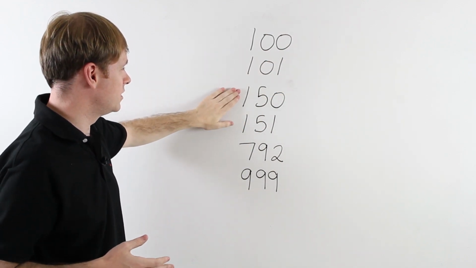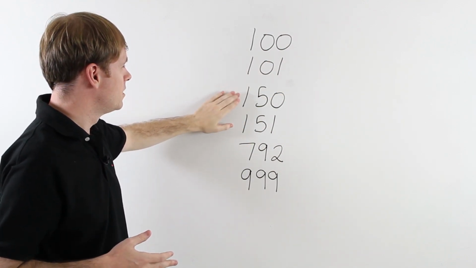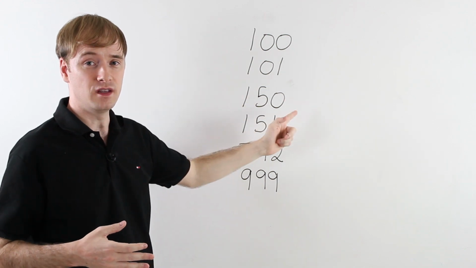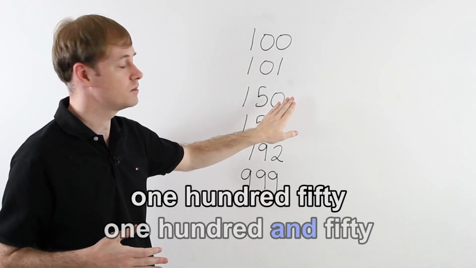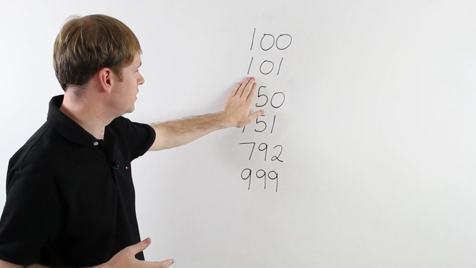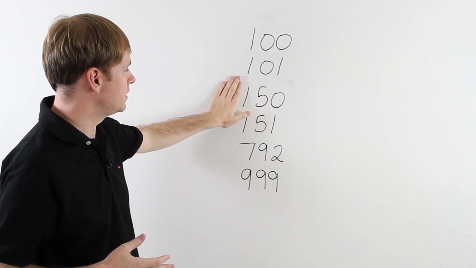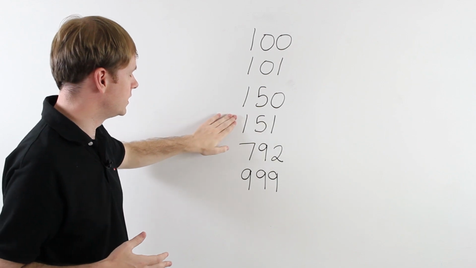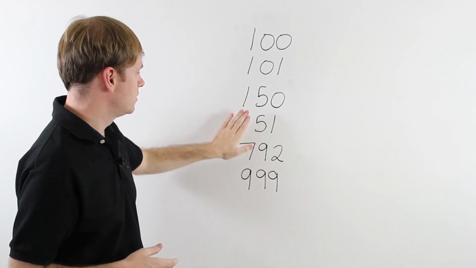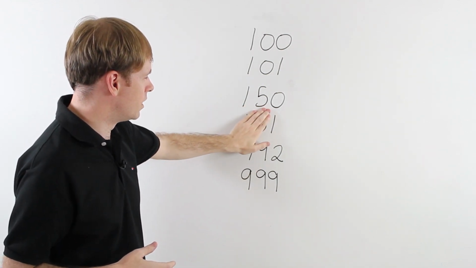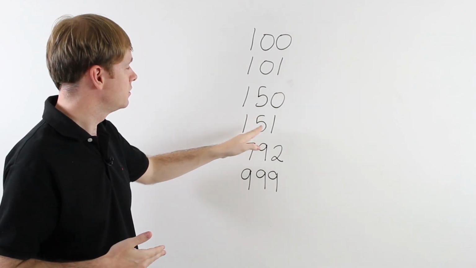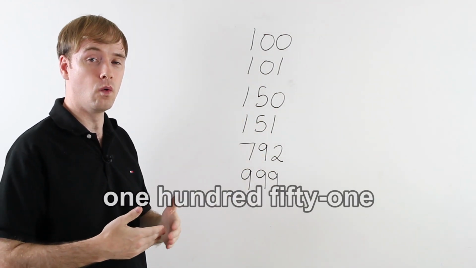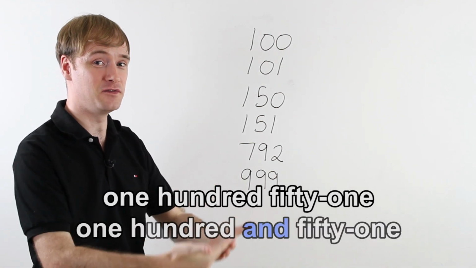Let's look at the next number, okay? 150 or 150, okay? So we know this is 50, 150. Let's look at the next number. That's 1, that's 51, 151, or 151.